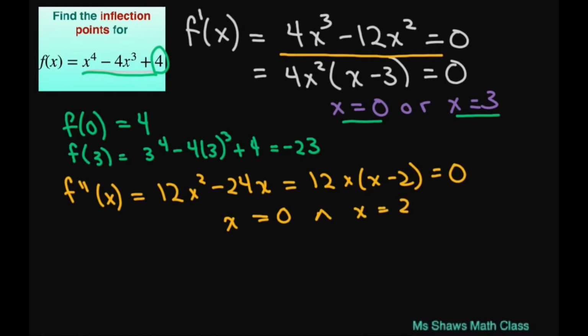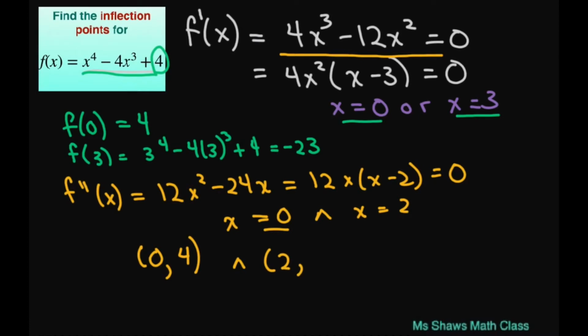So basically what we can say is that our inflection points are at 0, 4, and at 2.